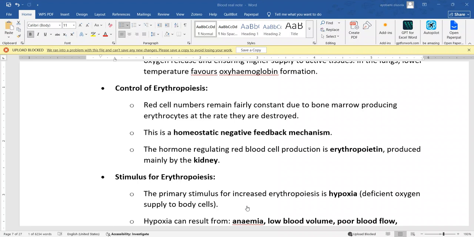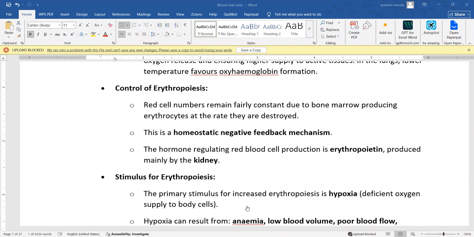It is produced mainly by the kidneys, and that's why in kidney failure or any form of renal failure, you have to place the patient on erythropoietin. If you don't, the patient will be severely anemic. So one of the regular drugs, at least for acute renal failure, is erythropoietin, because it is mainly produced by the kidney.